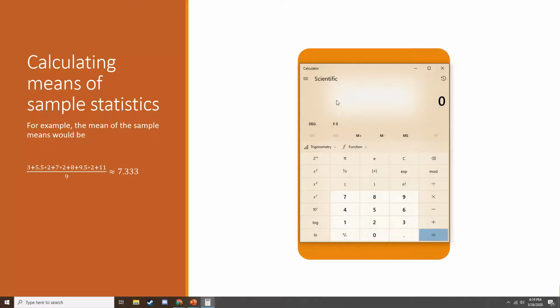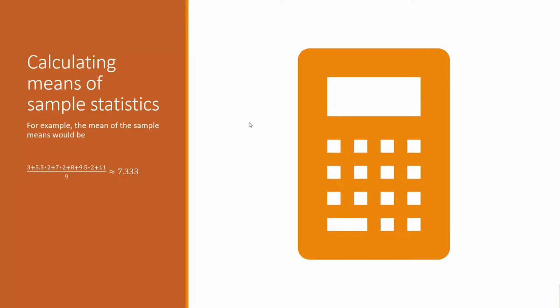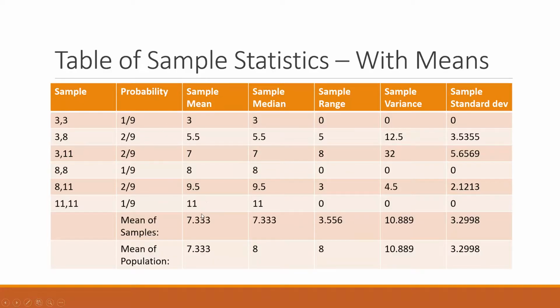And here's something I want you to notice. What's just the mean of 3, 8, and 11? Huh. It's also 7.333. How about that? In fact, what we'll get if we do this all the way through is we'll get the sample means to line up exactly.